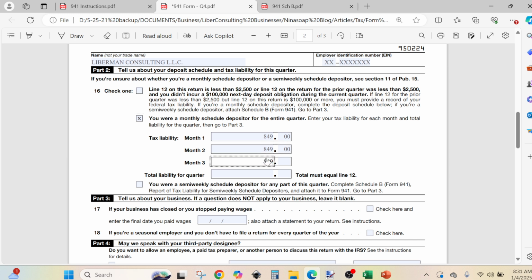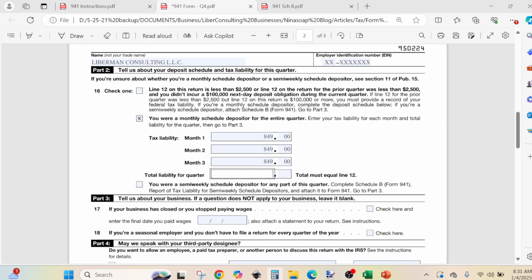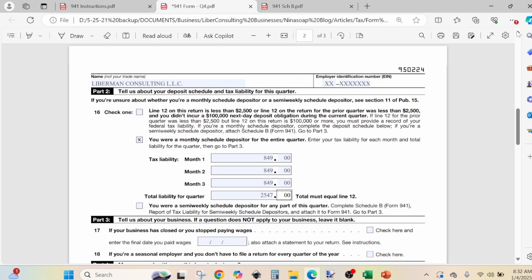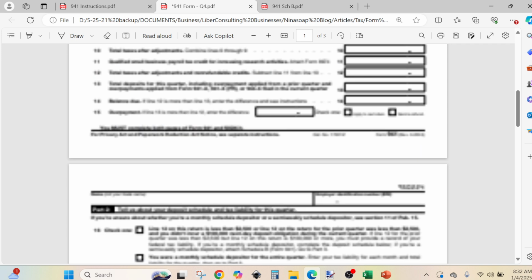And we can use our calculator, 849 times 3, is 2,547. So the total liability for the quarter must equal line 12, $2,547. Line 16, again, don't forget to check one of the 3 boxes.